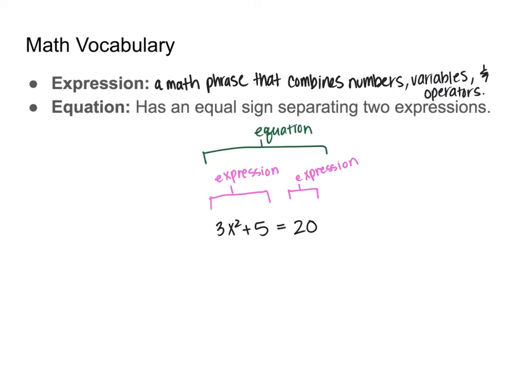Also, let me explain down here, one item in an expression is what we call a term. I like to think of terms as an individual item in an expression or an equation. So the 5 would be its own term, and the 20 would be its own term.